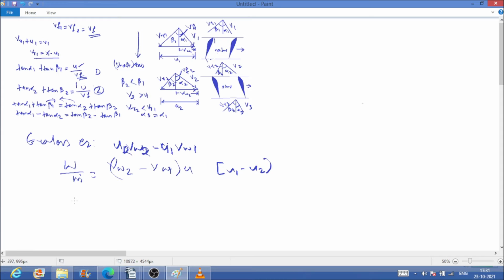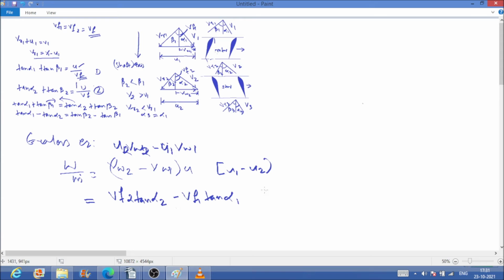Now again, from the second triangle, tan alpha 2 is Vw2 divided by Vf2. That means Vw2 can be written as Vf2 into tan alpha 2. So this is Vf2 tan alpha 2 minus Vf1 tan alpha 1.